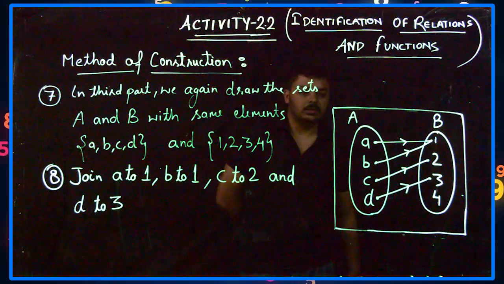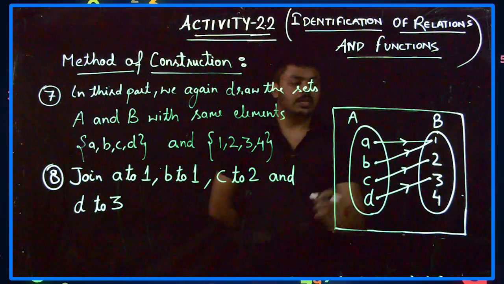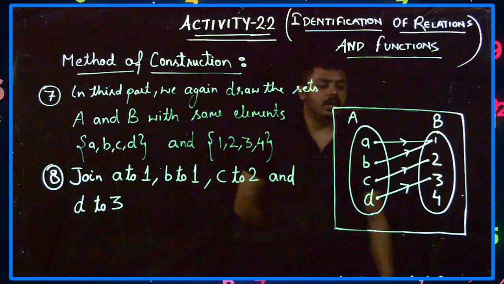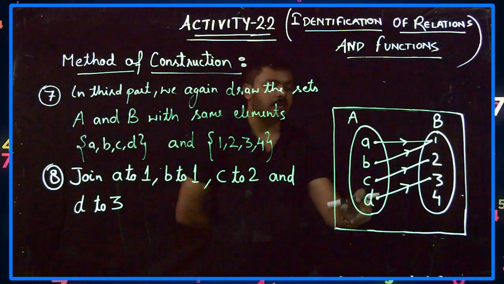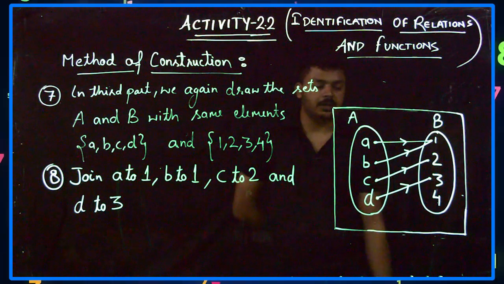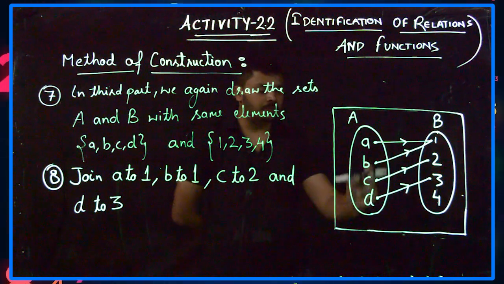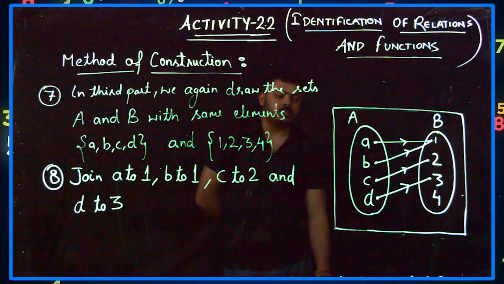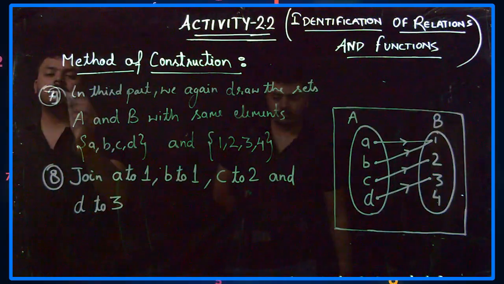So in this case, all the elements of set A, the domain, have been linked with the elements of the codomain. So no element in set A has been left without linking to the codomain, and each element is linked by a single arrow. So we can say this represents a function and it is also a relation.